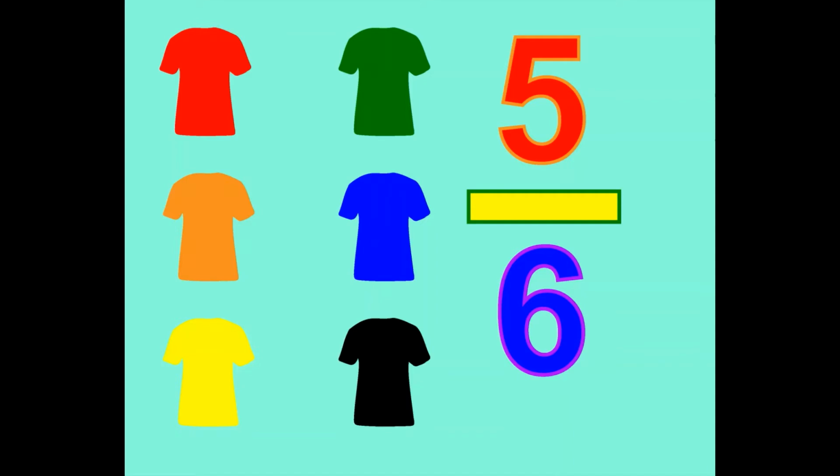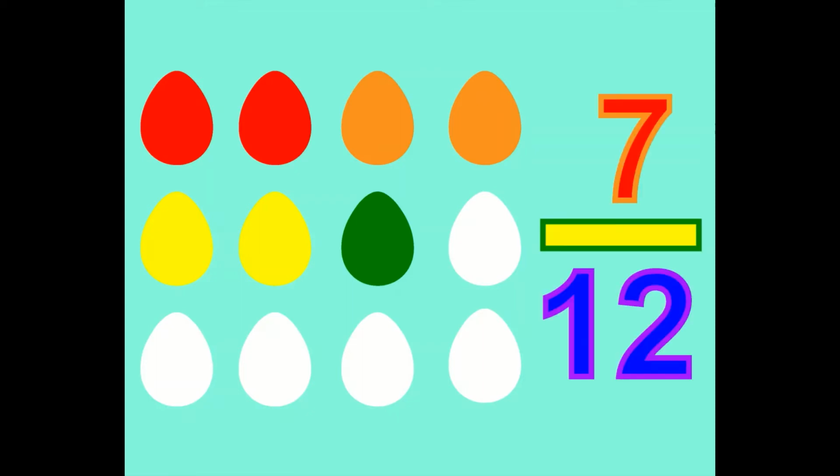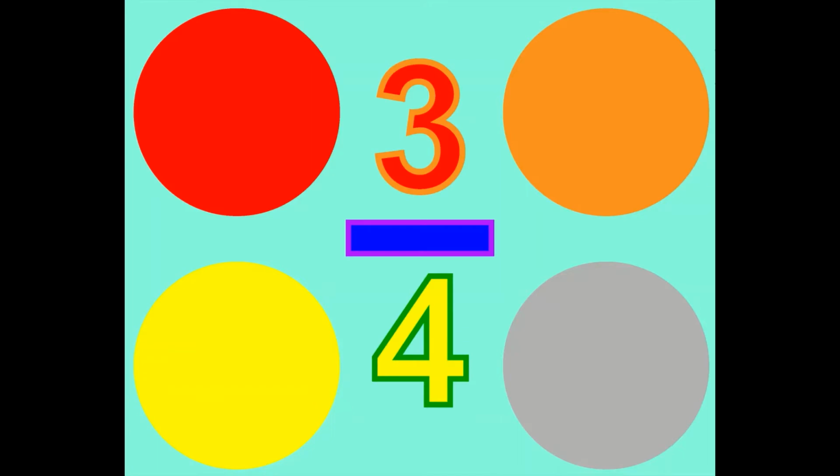There are 12 eggs. 7 of them are colored. 7/12 of these eggs are in color. There are 4 balls. 3 of them are in color. The answer is 3/4. 3/4 of these balls are in color.